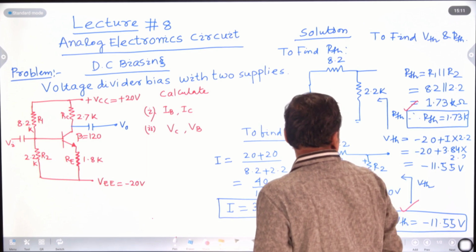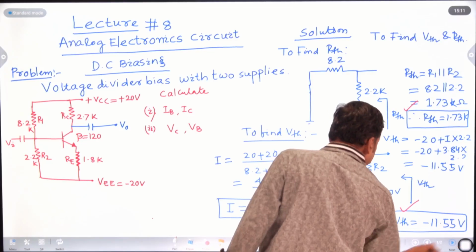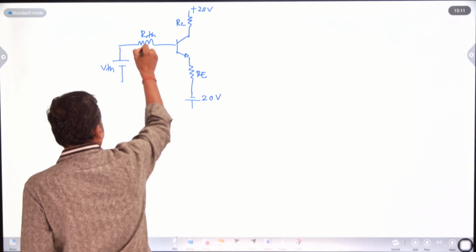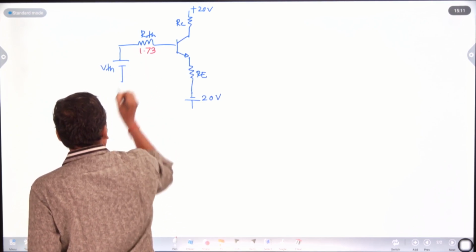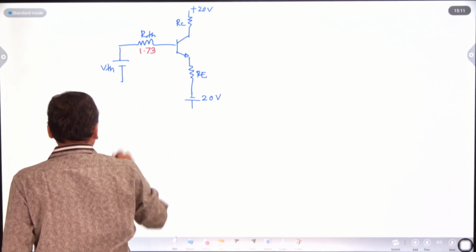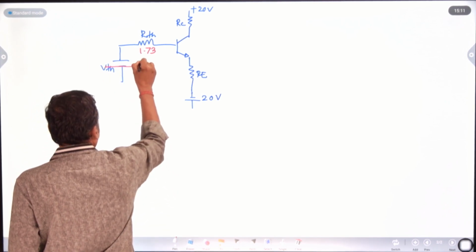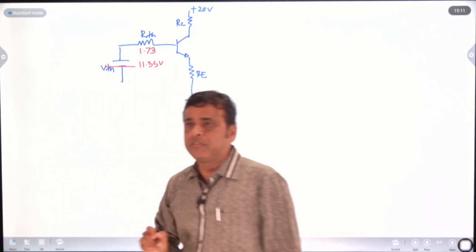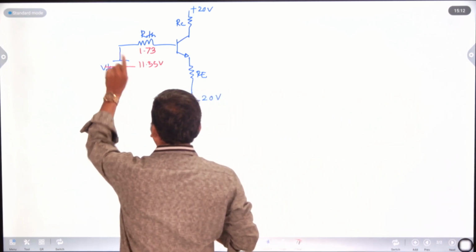RTH is 1.73. This is your RTH, and this is nothing but your VTH, minus 11.55. If it is minus 11.55, this is your plus terminal and this is your minus terminal, and you can write that as 11.55 volt. Most important, if the voltage comes out as minus 11.55, then this will be the plus terminal and this your minus terminal.